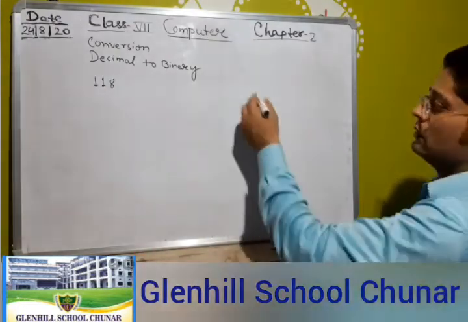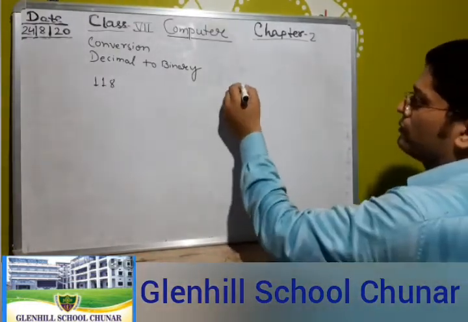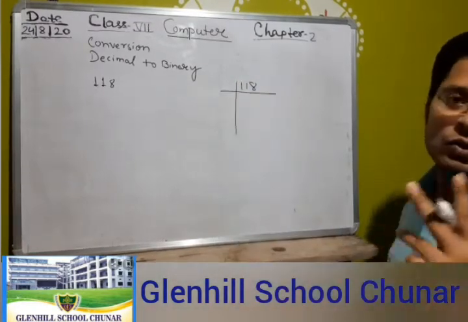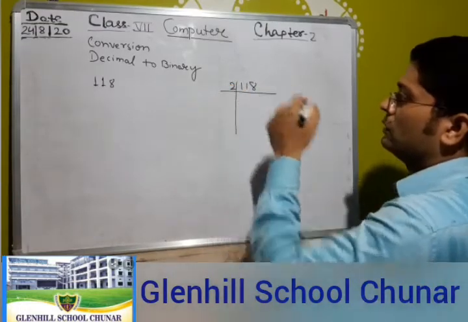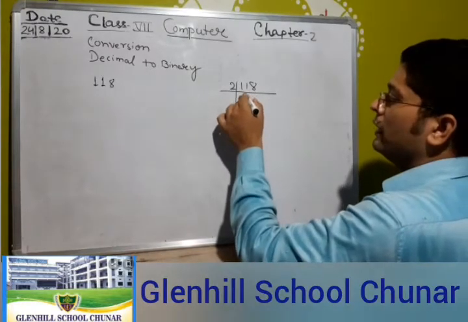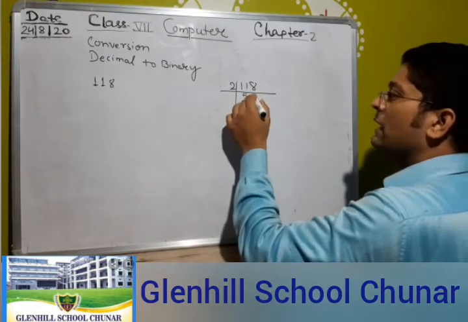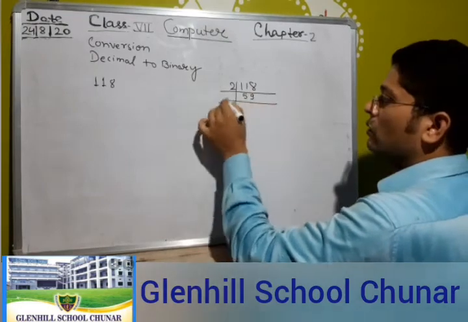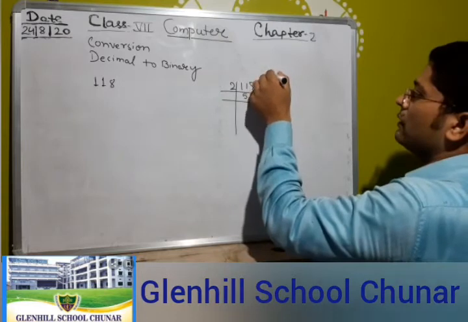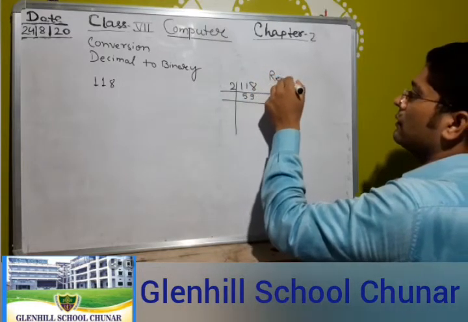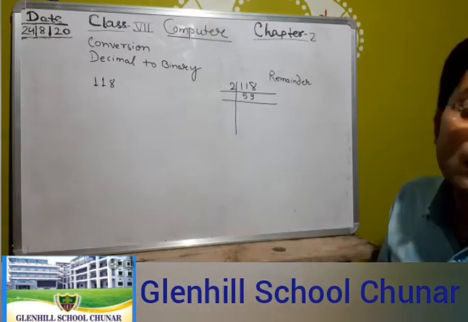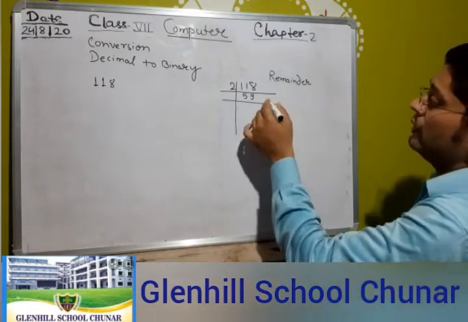So 118 divided by 2. Okay. 2 fives are 10 and 2 nines are 18, no remainder, so write the remainder here.